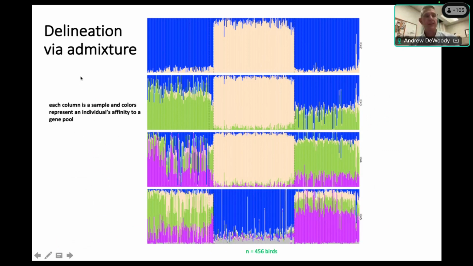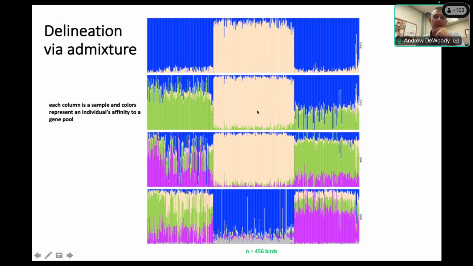And so this figure shows the individual's affinity to a particular gene pool. All right, and we start with the possibility of K equals 2, where K is just the number of populations, or the number of delineation units. And here we would say this group of birds is mostly the blue genome. This group is mostly the tan genome, etc.